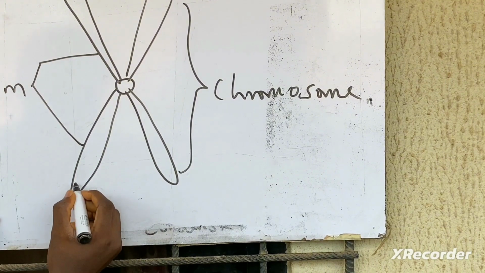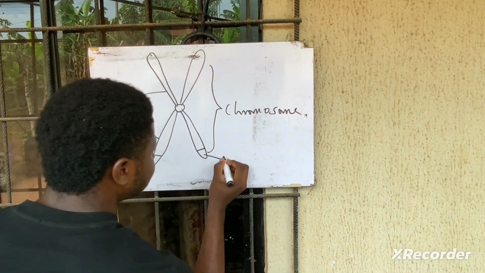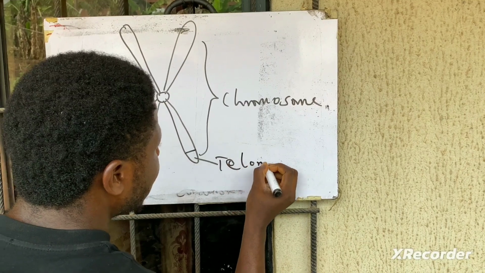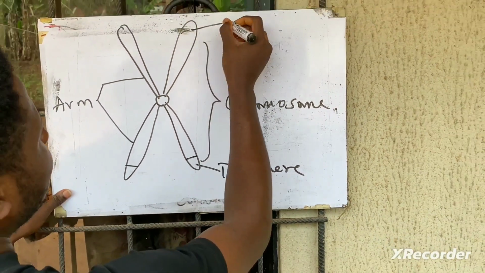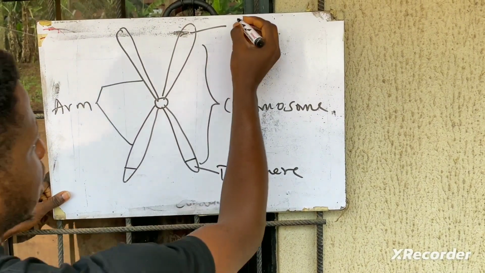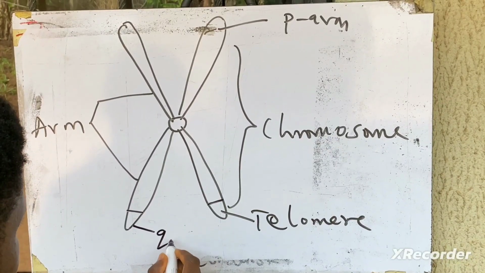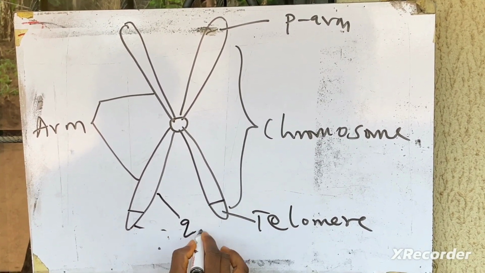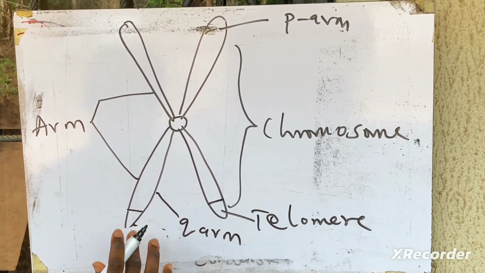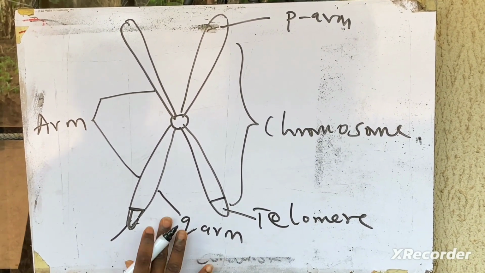Then the tip of the lower arm is known as the telomere. The upper arm is known as the P arm, and this is the Q arm. Remember that here is the telomere.